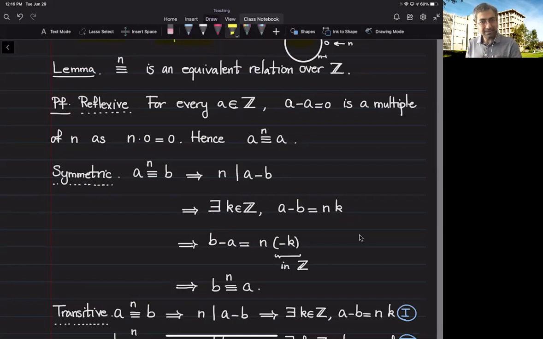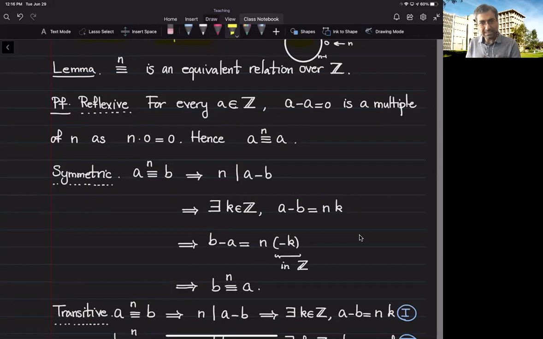Let's start with reflexive. In order to show that this is a reflexive relation, we need to show that every integer a is in relation with itself. This means we need to show that a is congruent to a modulo n.